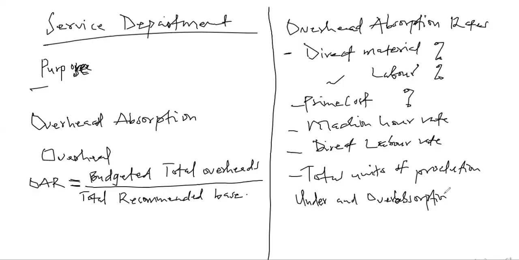So when we talk about under absorption, it occurs when overheads absorbed to production are less than the actual overheads.